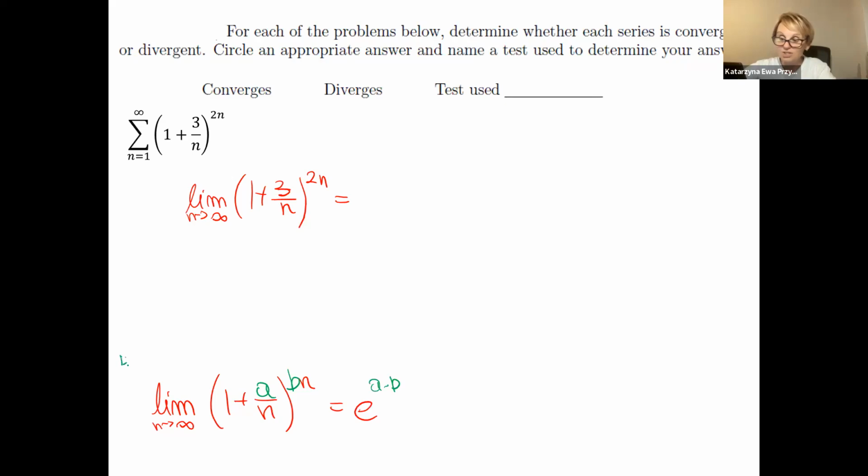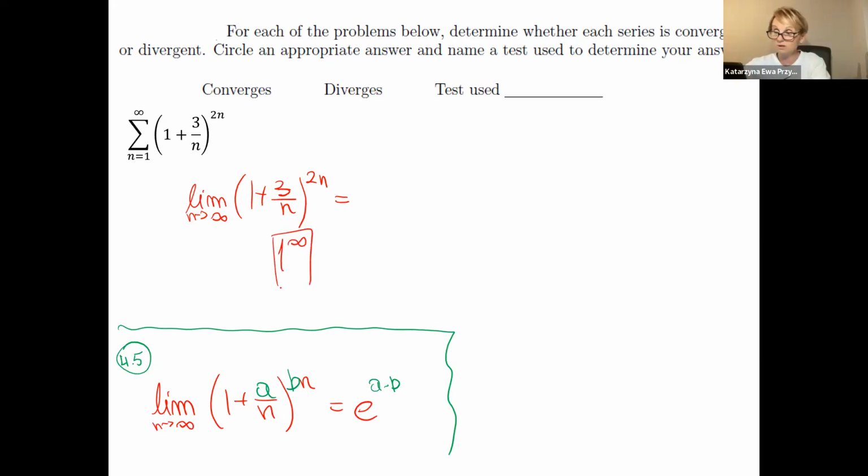You can definitely check section 4.5. Indeterminate form, power form, and I did solve the long way. Yes, we can do the E, but we don't have to, you can do the long way because it is indeterminate form, 1 to the infinity. That's when we're supposed to go through the long way, the L'Hopital rule at some point.